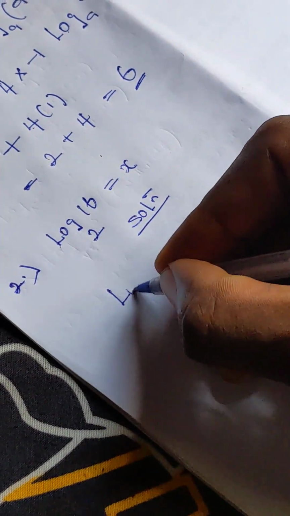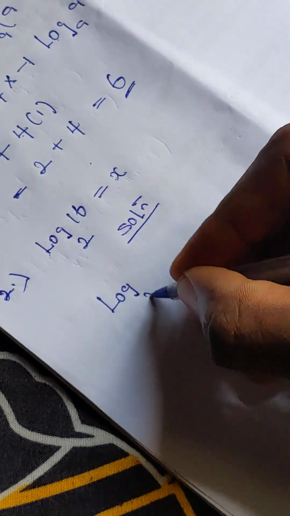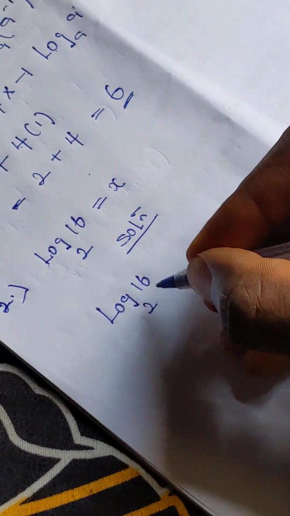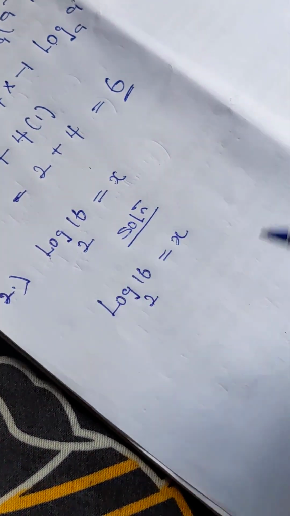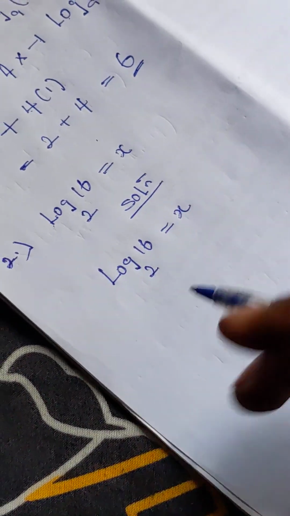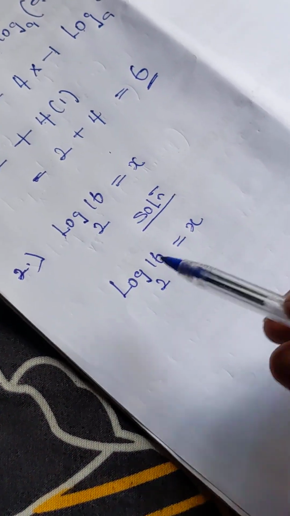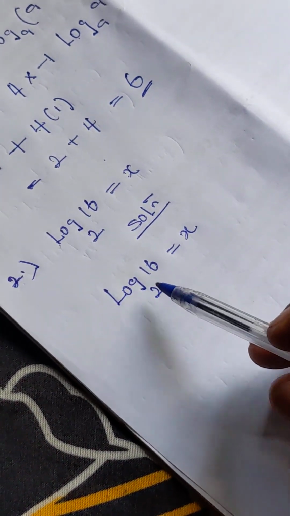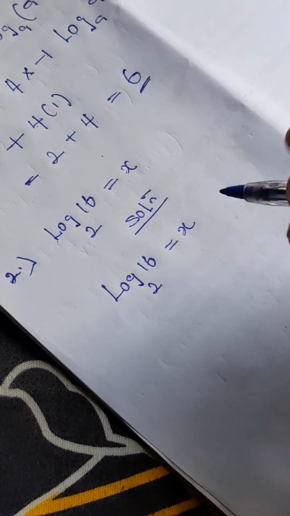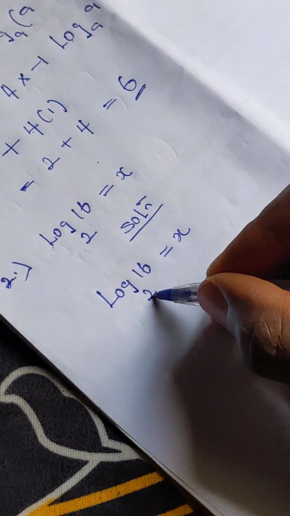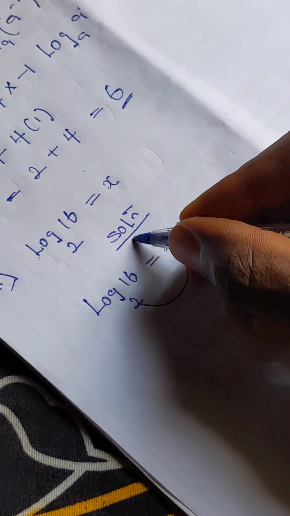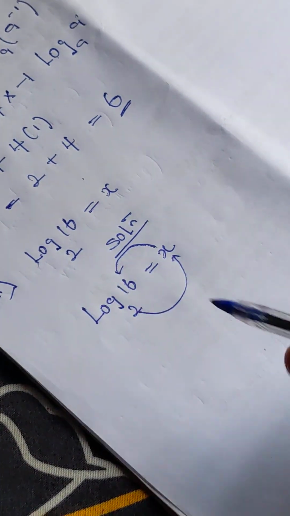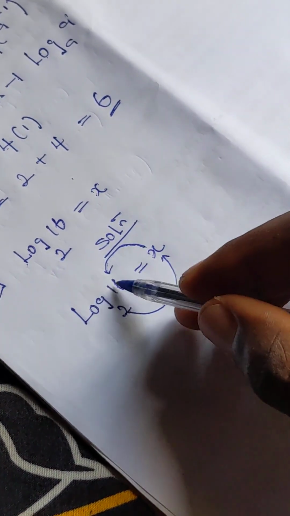Well, first of all, repeat our question: log 16 base 2 equal to X. Now, this particular log question, you don't use logarithm law to solve it. The only thing you have to do is to say, just watch the procedure: 2 raised to the power of X equal to 16.